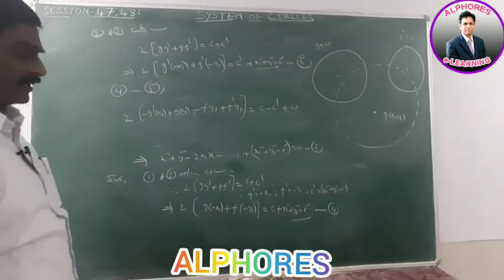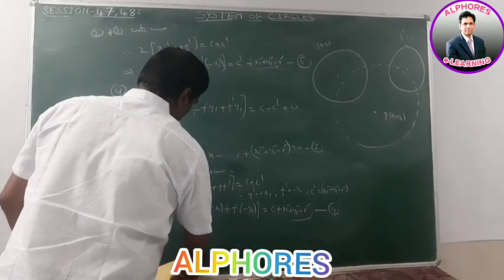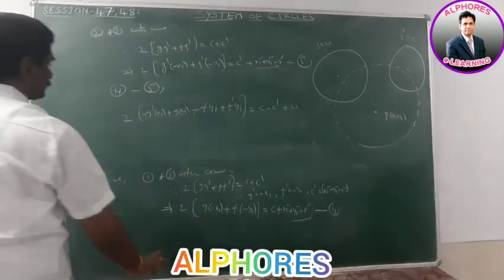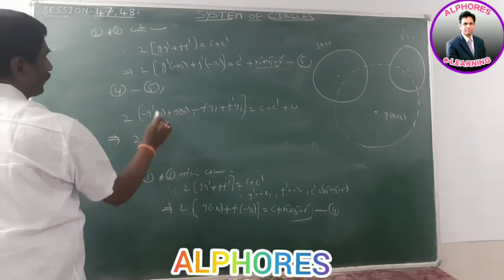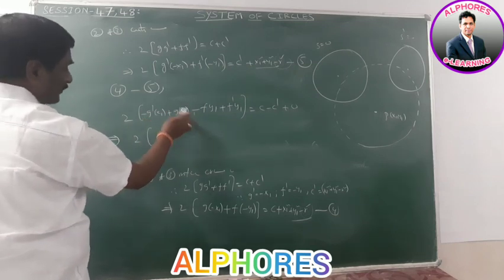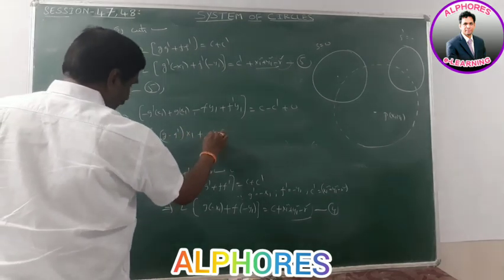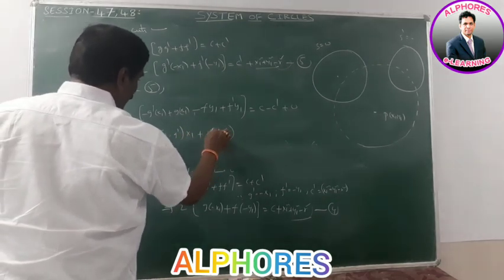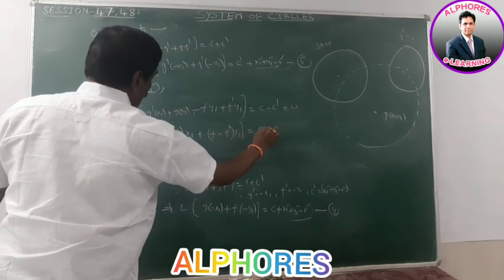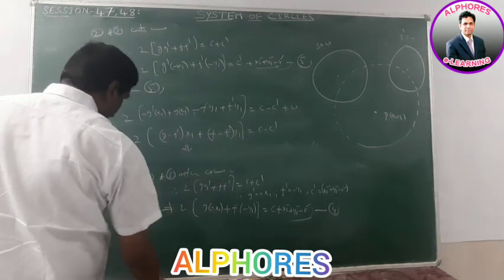That implies 2[(g − g')x1 + (f − f')y1] = c − c', where x1 is the common term. It is in terms of x1, y1.